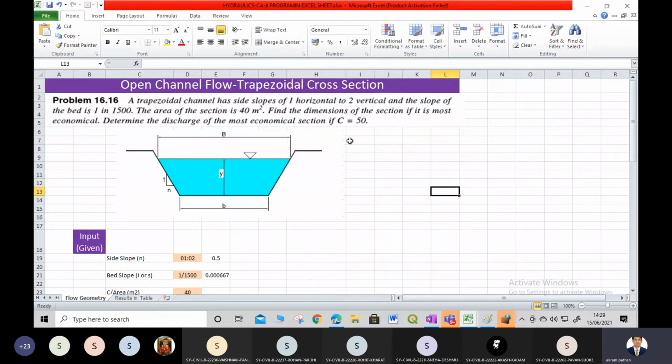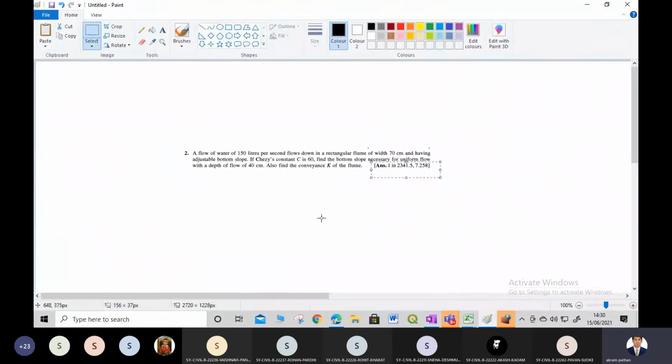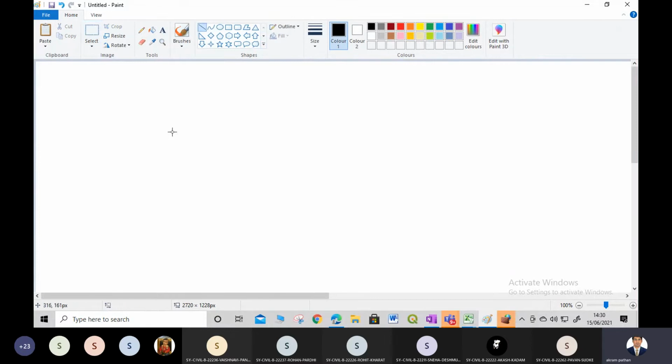So this is the given problem for roll number 1. You have to write down this open channel flow, trapezoidal cross section. In Paint also, or in AutoCAD also, for example, we have Paint here. So you can draw the diagram here for the trapezoidal cross section. So here, this is the section. Such a section you have to insert.